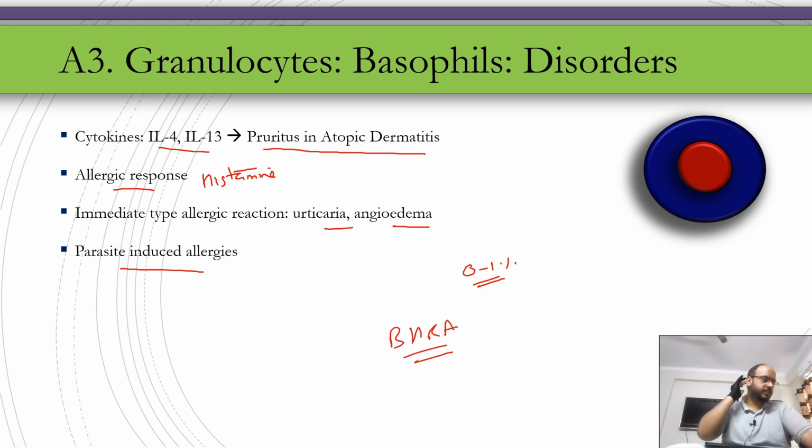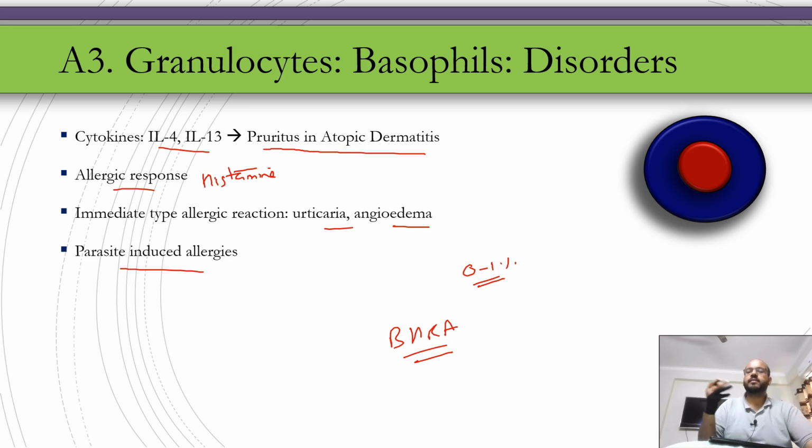If you study urticaria, you will come across this term, basophilic histamine release assay, in which we try to stimulate basophils and see whether upon stimulation they release histamine or not. It's an important marker to find out whether the patient will respond better to omalizumab or not. It's a slightly complex process. Maybe in the future, while I'm discussing omalizumab, I can discuss BHRA, but not now.